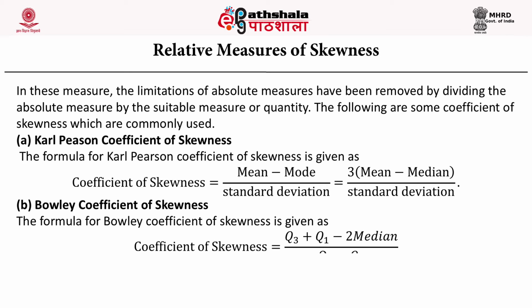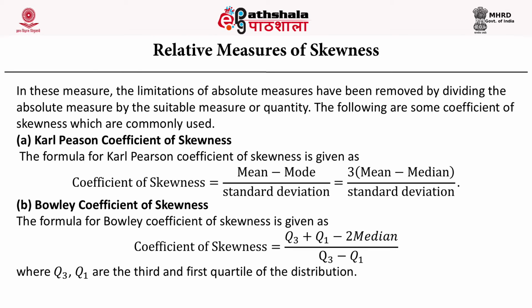The second relative measure of skewness is the Bowley coefficient of skewness. The formula is: coefficient of skewness is equal to Q3 plus Q1 minus 2 times median divided by Q3 minus Q1, where Q3 and Q1 are the third and first quartile of the distribution.